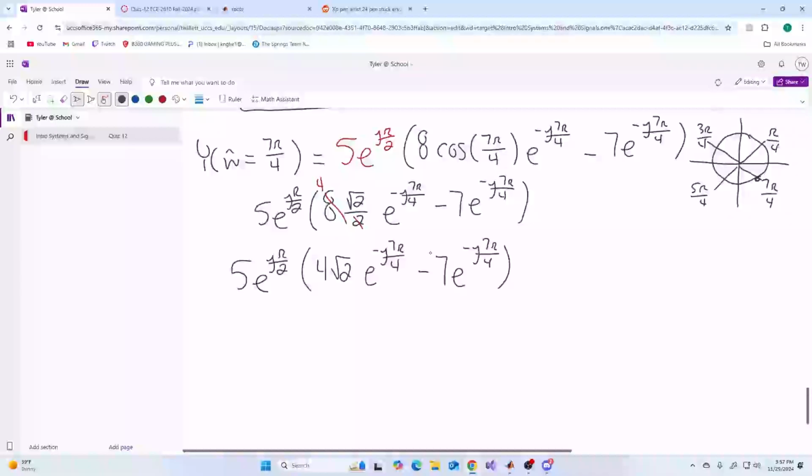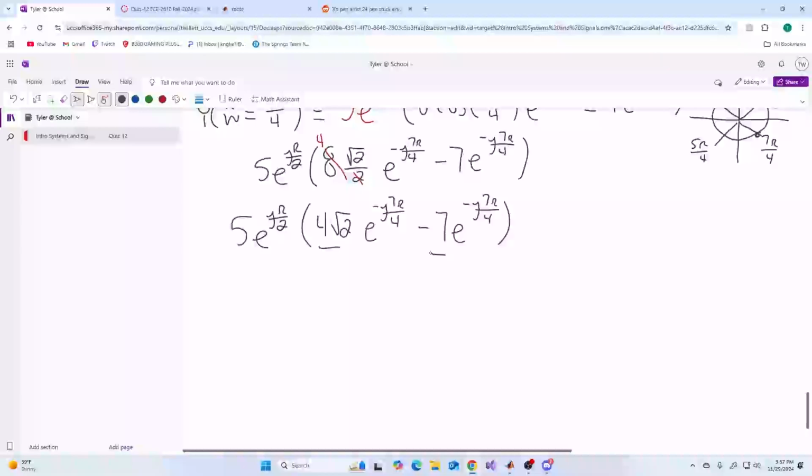I can combine the amplitudes of this one and this one by pulling out an e to the negative j 7 pi divided by 4. And what I mean by this is I am going to get 5 times 4 root 2 minus 7 e to the negative j 7 pi divided by 4. Sorry, let me erase this really quickly. I forgot my 5e to the j pi divided by 2.